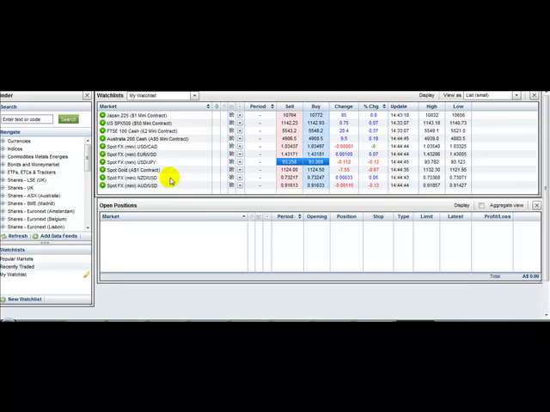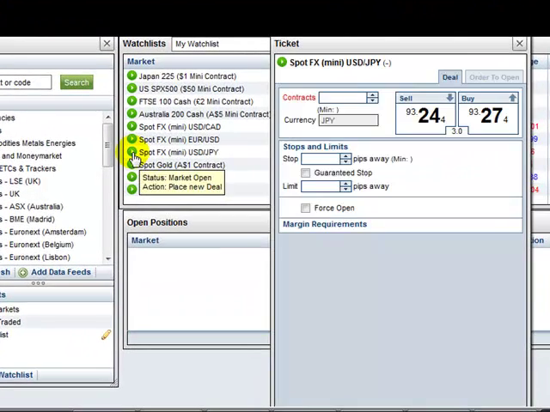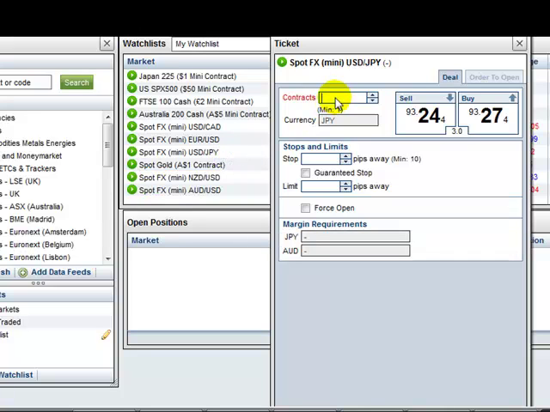But if we have the 4 contracts, we then click on the green button next to the actual market name, and we're going to do 2 separate orders. So in this order, we're going to do 2 contracts and then a separate order for another 2 contracts. In this first one, we're going to put our stop loss.